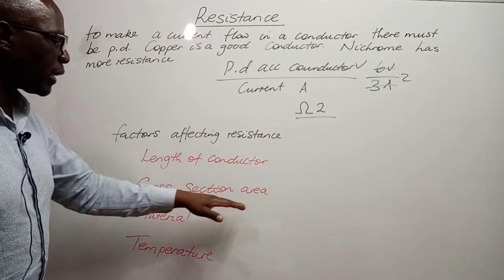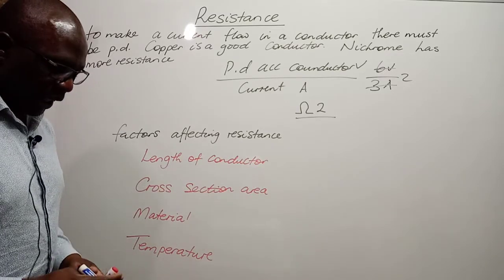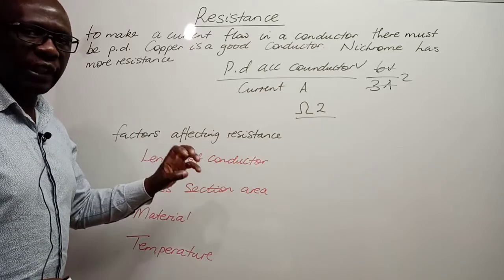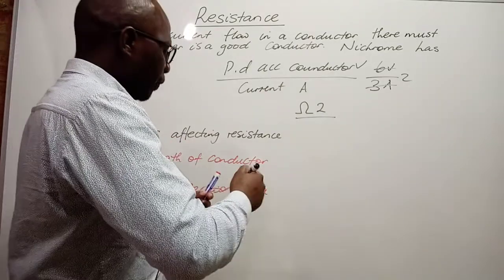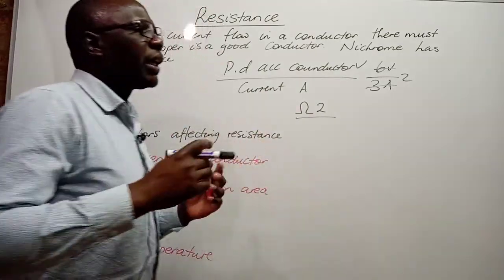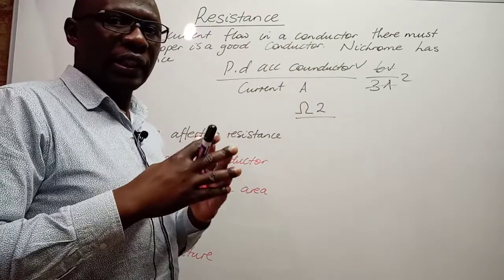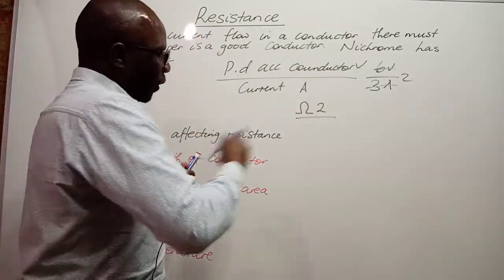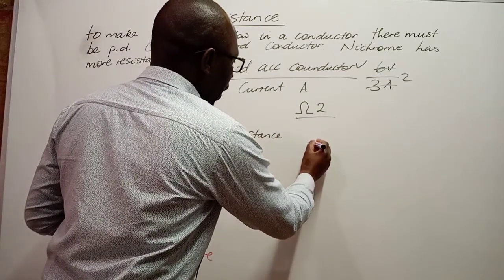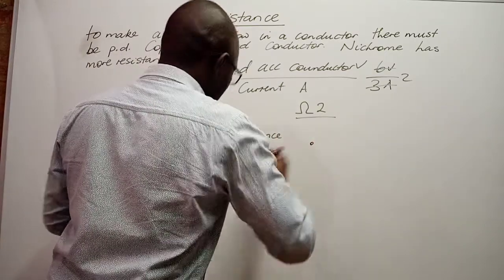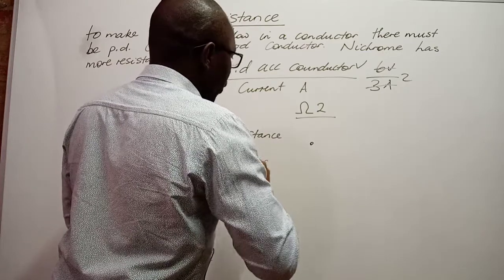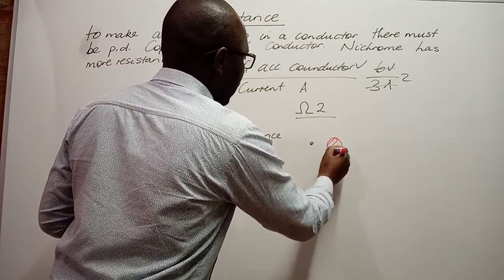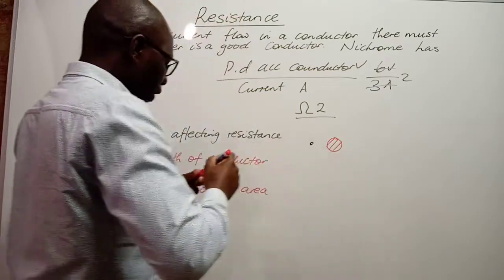Now let's look at how the cross-section area affects resistance. Cross-section here, we are talking about the thickness of a wire, right? So let's take for example that we have a wire that is that thick, and a second wire that is that thick. So that is the cross section.